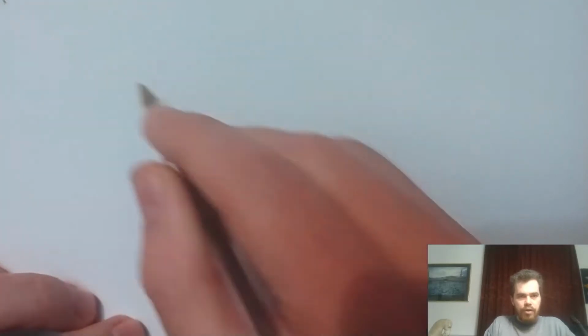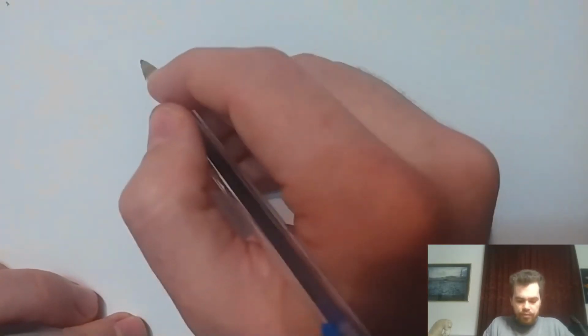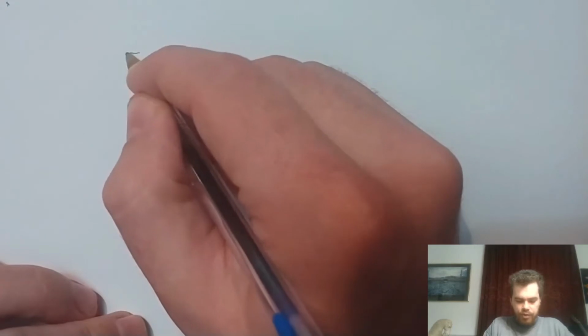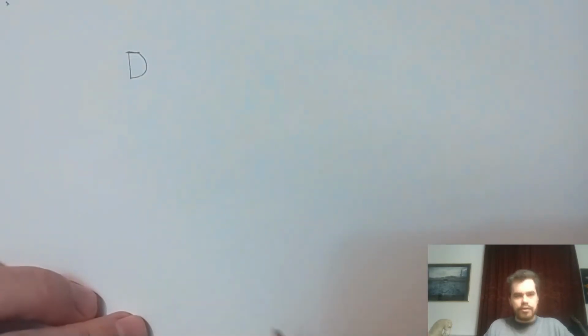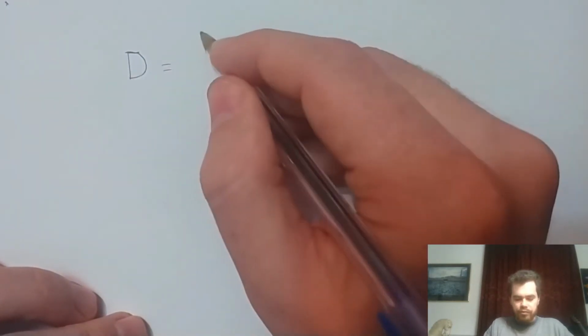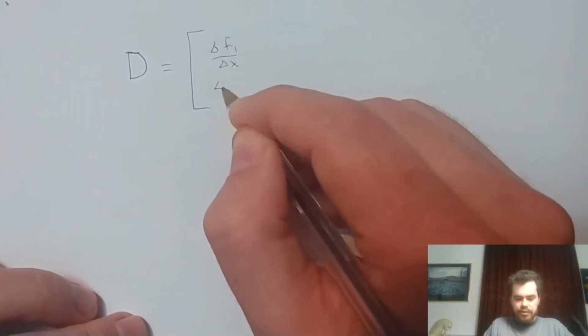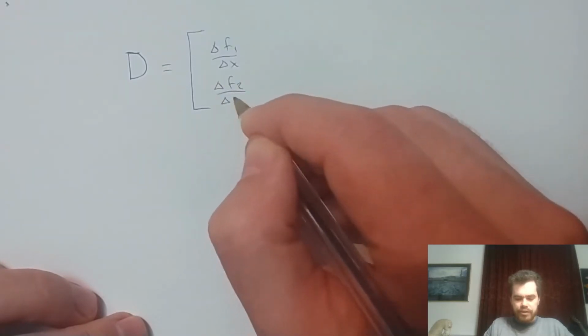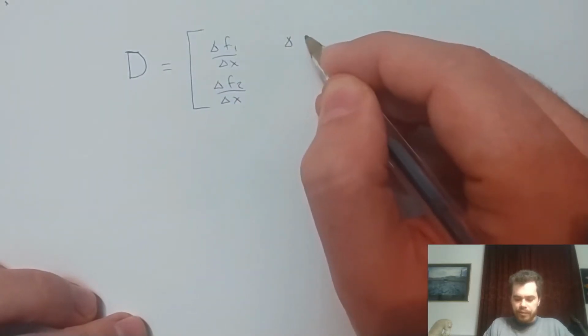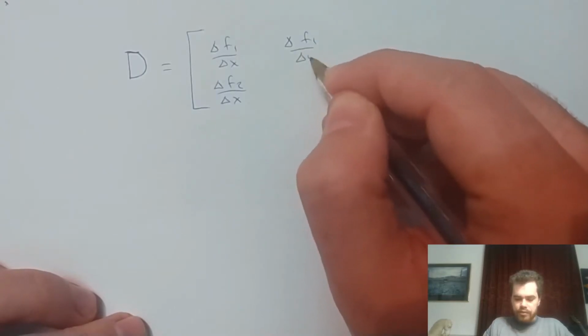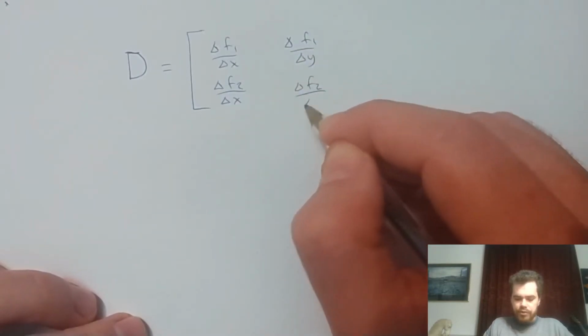All right. So if we were to write an approximate Jacobian, which I'll call D, we might write it as delta f1 over delta x, delta f2 over delta x, delta f1 over delta y, delta f2 over delta y.